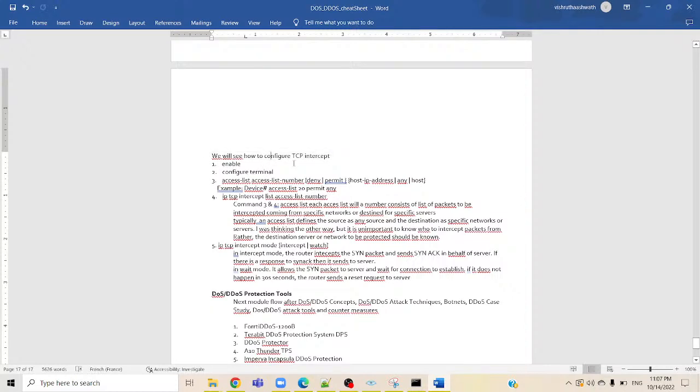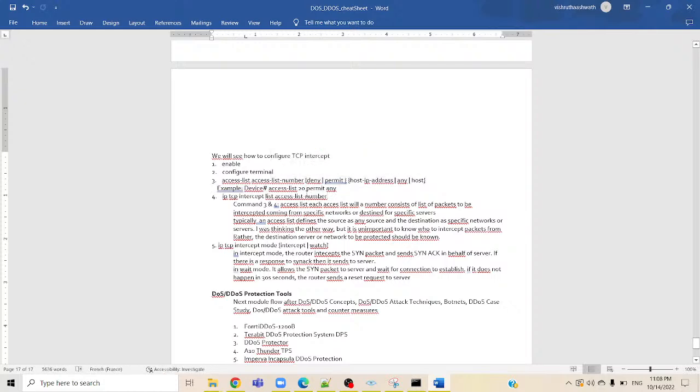So first, as we know, we enter the command enable, and then we give the command configure terminal, and then access-list number, deny or permit, host IP address, or any or host. So for example, access-list 20 permit any.